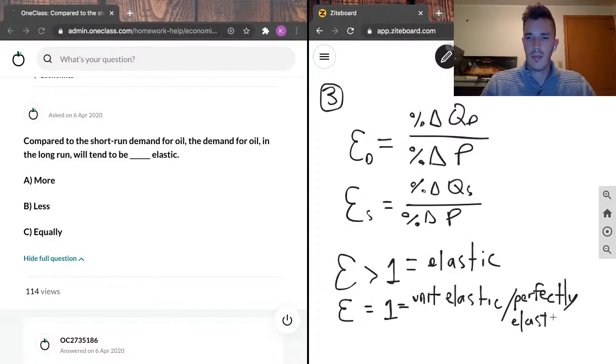And lastly, we say that an elasticity less than 1 is inelastic.